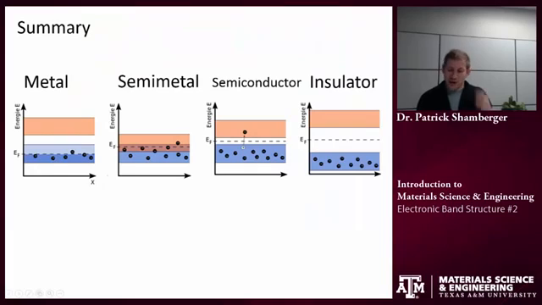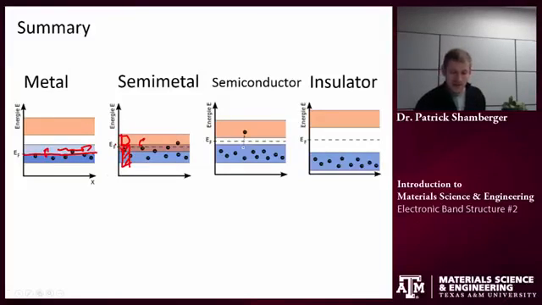Okay, so in summary, I want you to think about the different kinds of electronic materials and how we get them from filling up these orbitals differently. So metals, we have a partially full band. It's very easy to excite electrons up to higher energy levels and to get them to move around. Semimetals, again, we have a band that is full, and we have unoccupied states immediately above that full band.